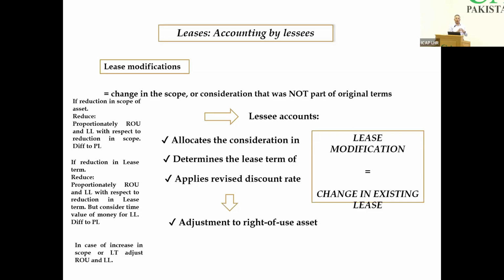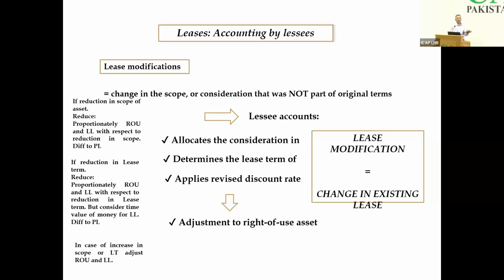So there will not be the same change in the value of lease liability and right of use. You will also multiply 3/5 with the carrying value of lease liability, but the figures will be different. The reduction in right of use will be different from the reduction in lease liability. The difference will go to profit or loss.